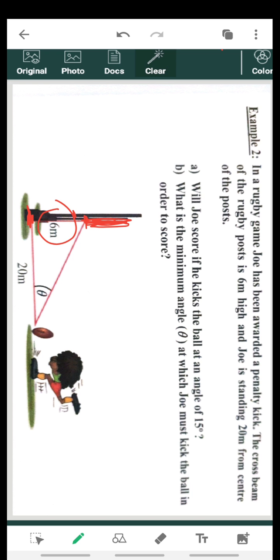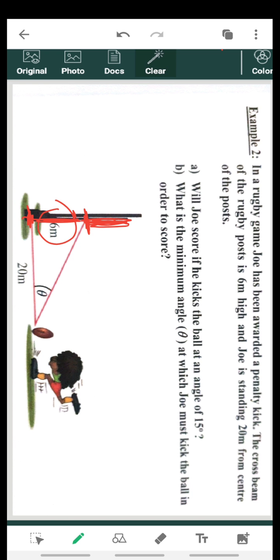Meaning this angle will be the angle that gives us the vertical height up to the point there. Meaning for him to score, the angle at which he must kick the ball must be bigger than 16,7 degrees. You agree with me?